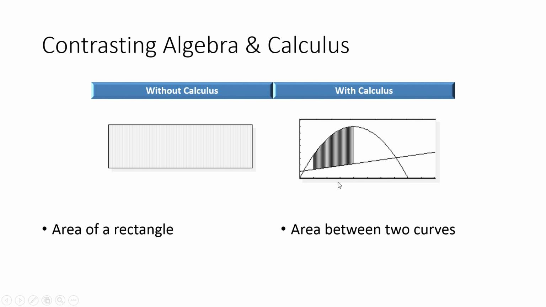But calculus allows us to find the area of shapes like this, or the area between two curves, or the area under the curve above the x-axis bounded by the lines x is equal to a, x is equal to b. So let's see how calculus helps us solve these area problems.